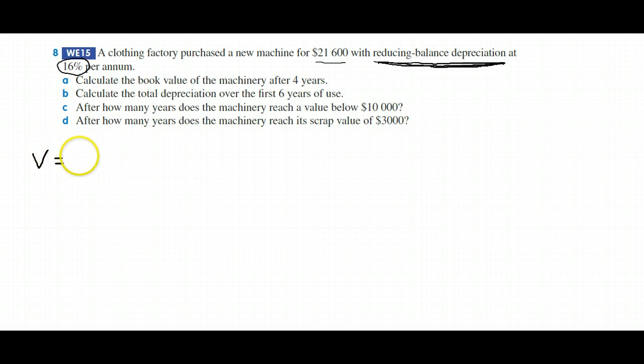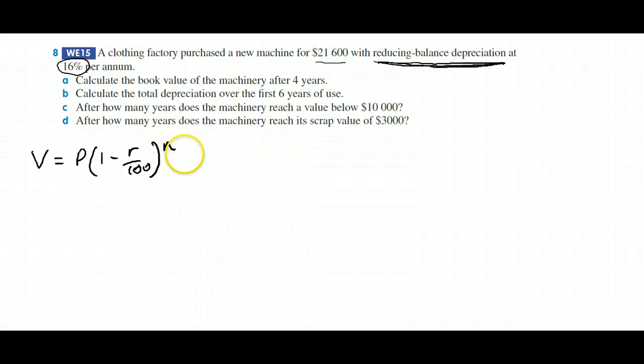The book value equals the principal times 1 minus the rate of interest over 100 to the power of n. Notice that this equation is going to take us straight to the book value of the item. It's not going to give us the depreciation, it's going to tell us the book value. So we're not going to need to do that extra step minusing the depreciation from the purchase price. It's going to take us straight there.